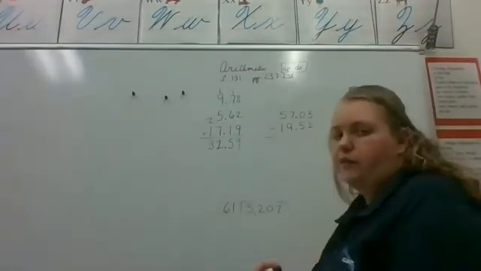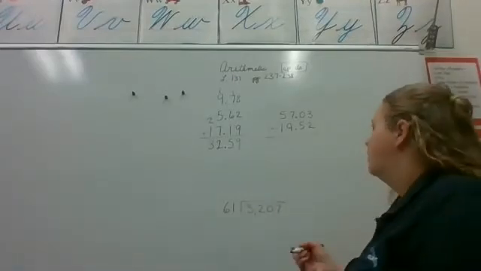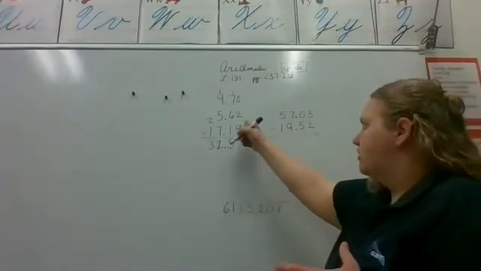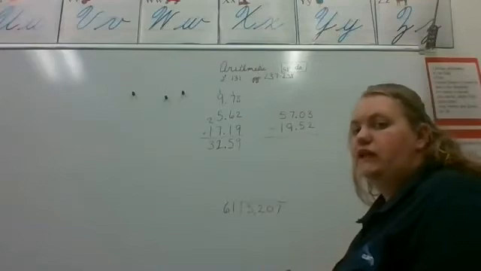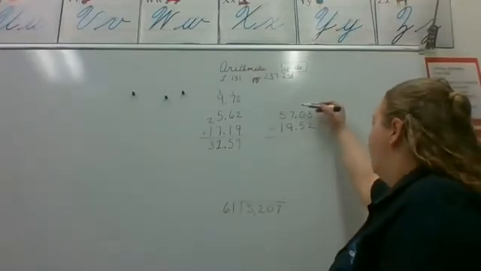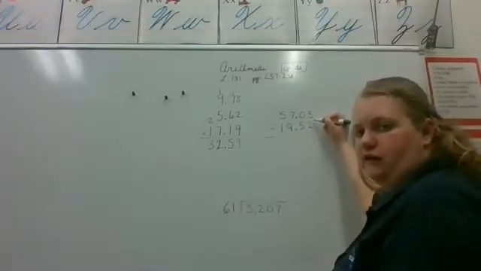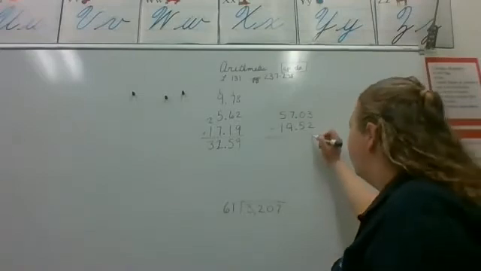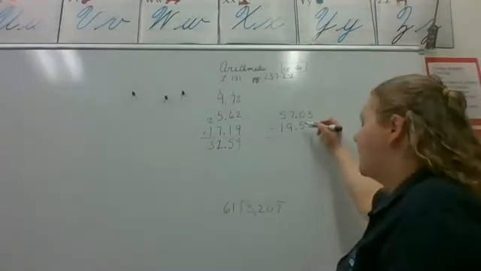Okay, and the same thing happens with subtraction. Only this time, with the addition, we carried our numbers. With subtraction, if we need to, we will borrow from our problem, okay? So 3 minus 2, can we do that? Yes, we can. So 3 minus 2 is 1. 0 minus 5, we can't do that, right?